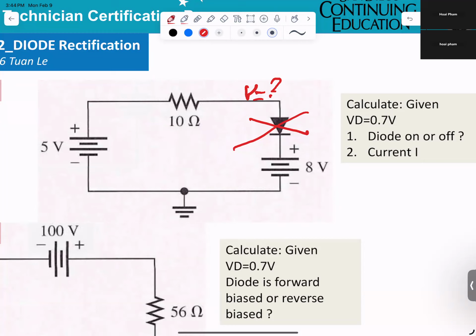Should be 5, right? 5 volt, correct? When I say no diode, that means it's open here. So that's why you get 5 volt.